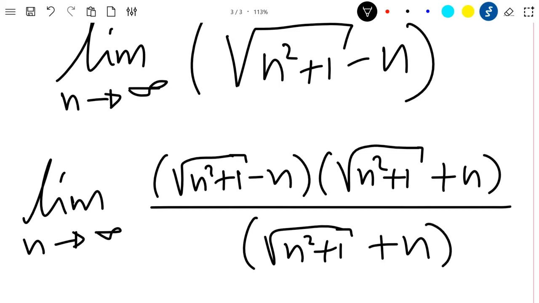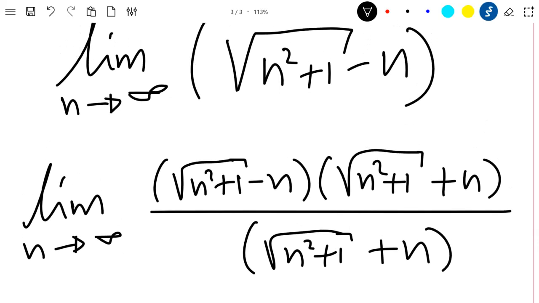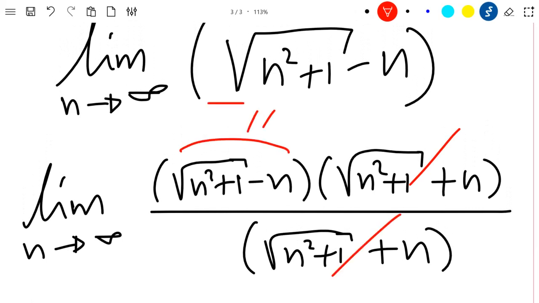Because if I simplify this way, I will still have this one here. So I just don't change anything.